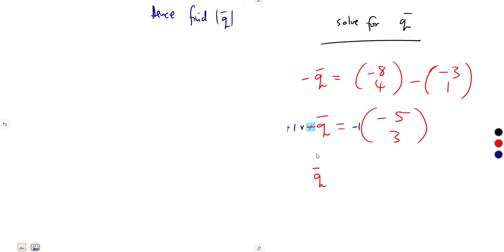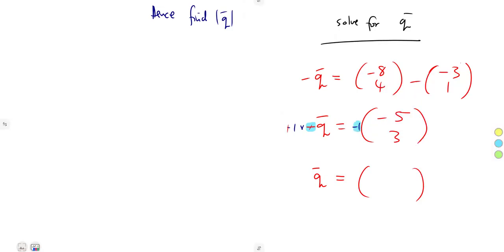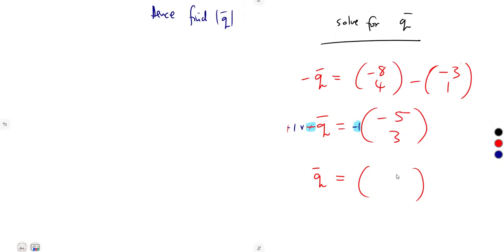So therefore, our vector Q is going to be, you multiply by -1, which is now representing a scalar. So that is it. -1 times -5, that's a +5. -1 times 3, that's a -3. Remember the effect of the negative multiplication. So that is your vector Q.